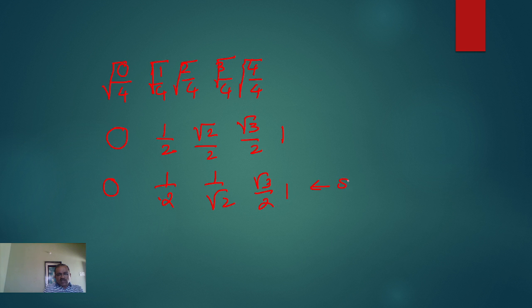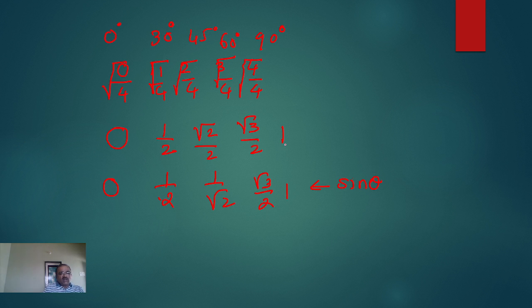All these are called sin theta values. This is sin 0 degree, sin 30 degree, sin 45 degree, sin 60 degree and sin 90 degree. These are the trigonometric values of the standard angles and you can remember them in this fashion.